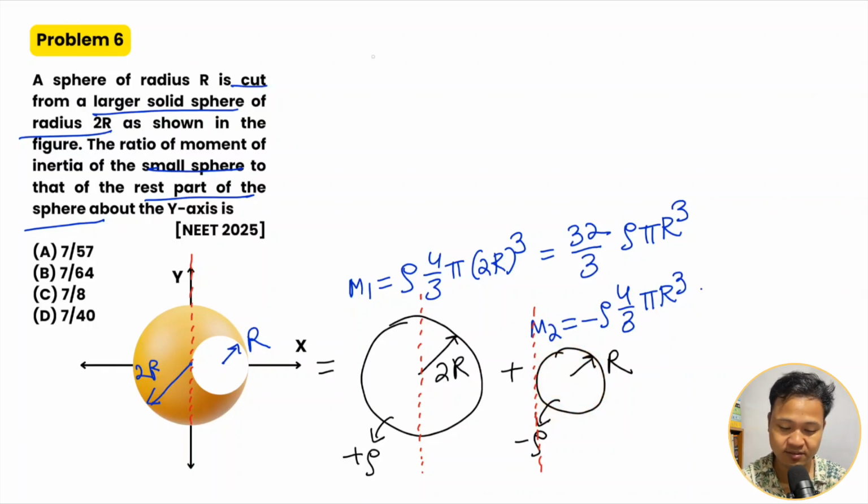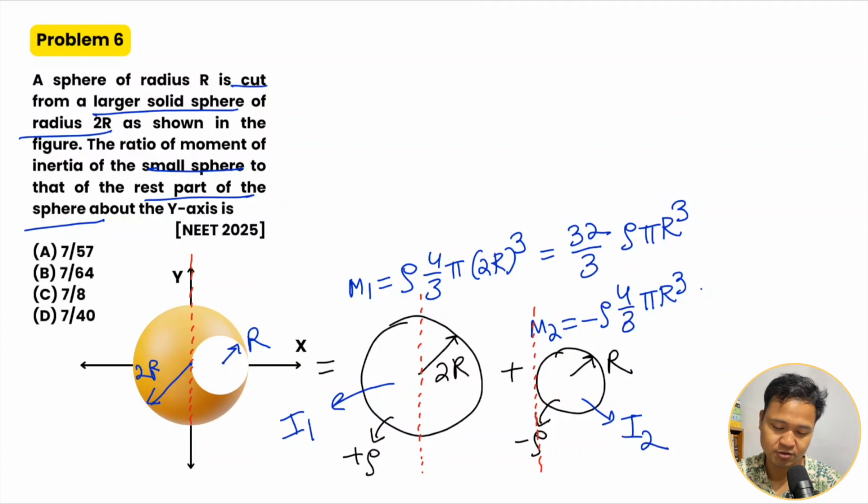Okay, so now let's see. We will call the moment of inertia I1 for M1 and I2 for M2. For M1, the solid sphere, the axis of rotation passes exactly through the middle, about the center of mass.